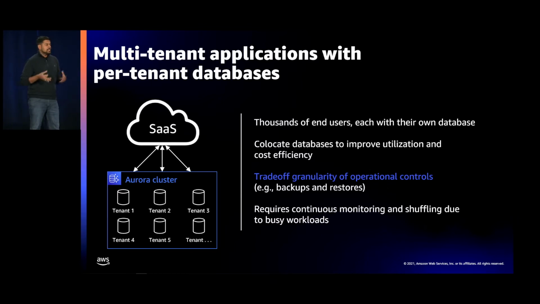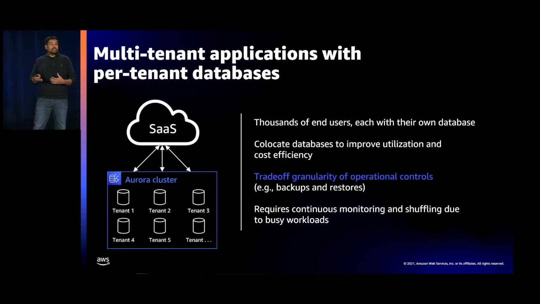So what SaaS vendors end up doing is that they consolidate a bunch of these databases into one Aurora cluster to be more cost-effective and to improve utilization. But there's a trade-off there. The trade-off is that you no longer have the granularity of operational controls per database. If you want to restore a database back to a certain point in time, that's no longer possible because now it's co-located with maybe a few hundred others.